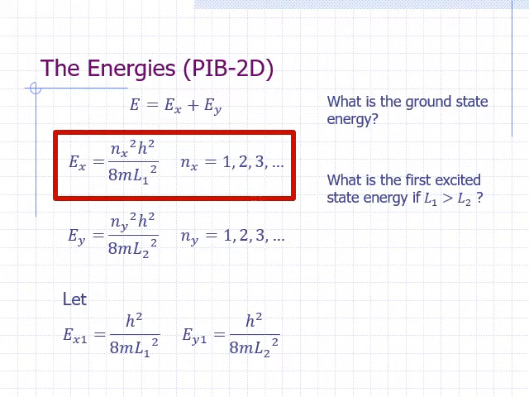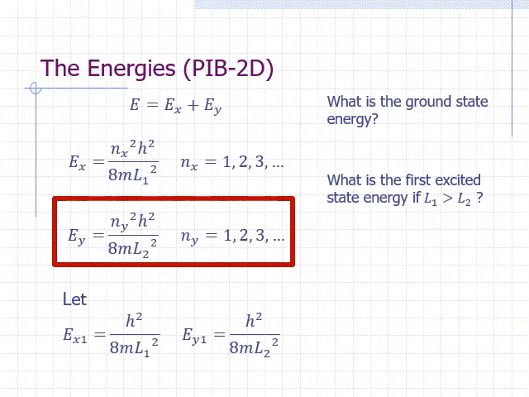Similarly, E sub y is n sub y squared times h squared over 8m L2 squared if L2 is the length of the box along the y-axis, and the quantum number n sub y is restricted just like n sub x. What is the lowest possible value of E sub x?